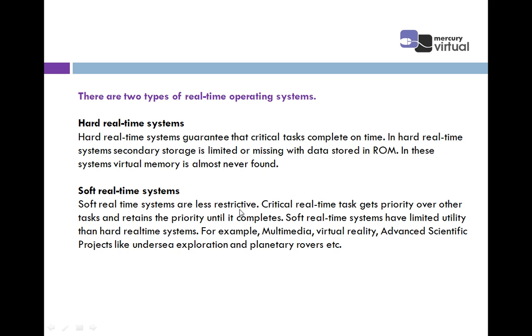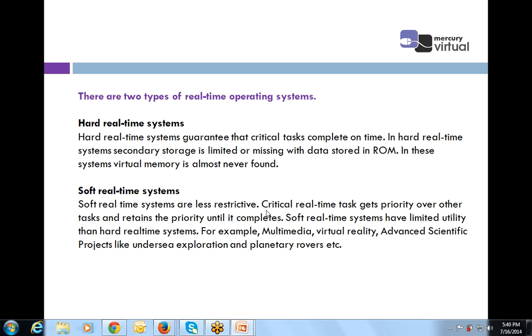A critical real-time task, meaning a very urgent one, gets priority over the other tasks in the queue and retains the priority until it is complete. It gives a priority that this task has to be completed today, tomorrow or the day after tomorrow.